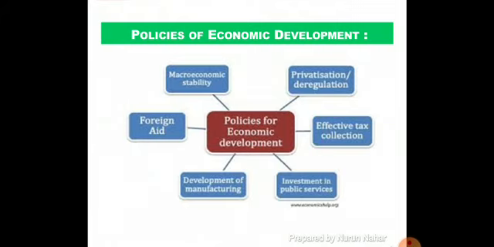There are some policies of economic development: privatization or deregulation, effective tax collection, investment in public sectors, development of manufacturing, foreign aid, macroeconomic stability.